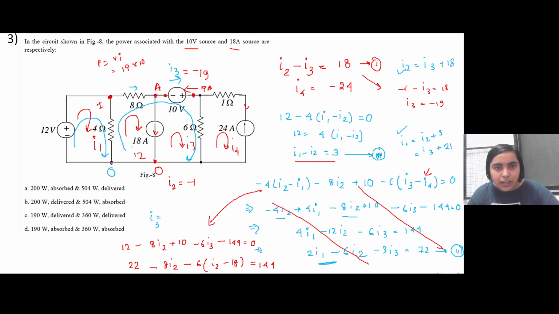So the current is actually going inside the positive terminal. That means the source is absorbing the power. So this particular option is actually correct for the voltage source. Let us also verify for the current source if it comes out to be 360 watt absorbed. Now let's copy this to the next page.